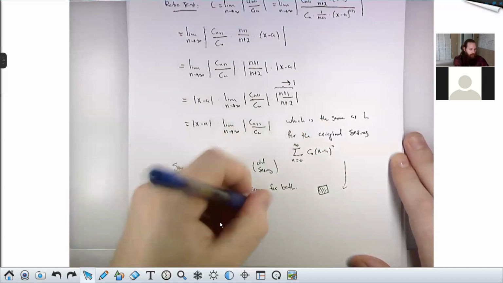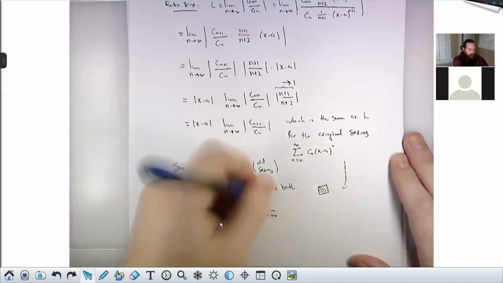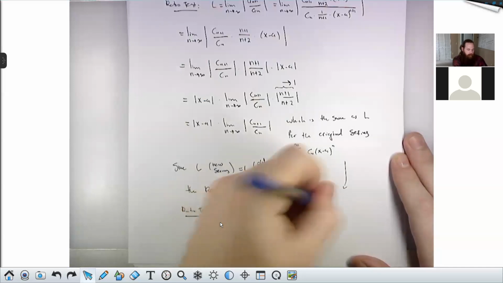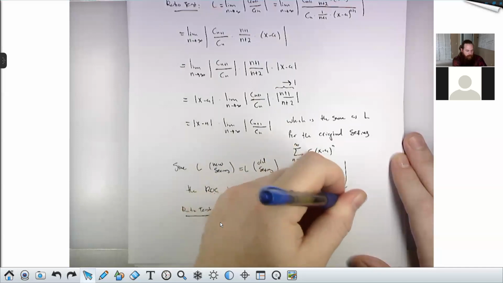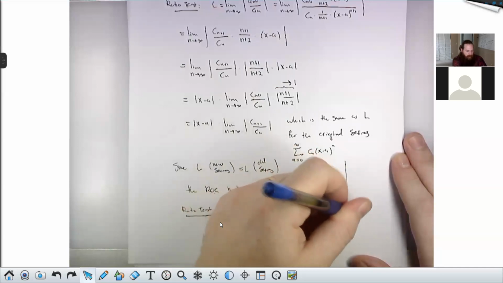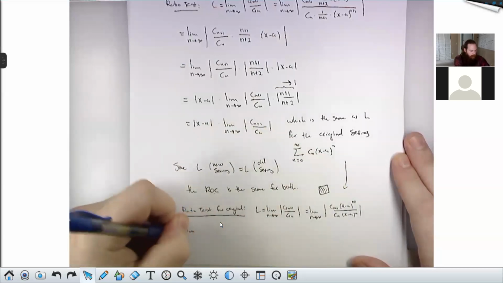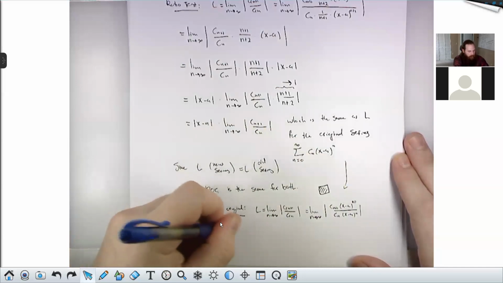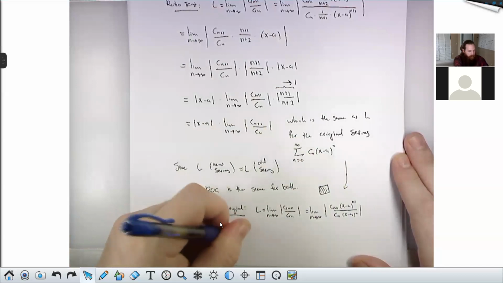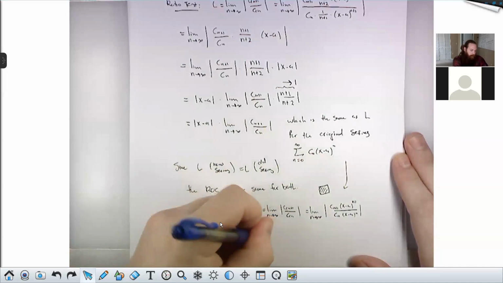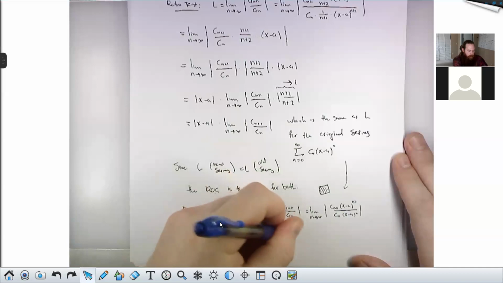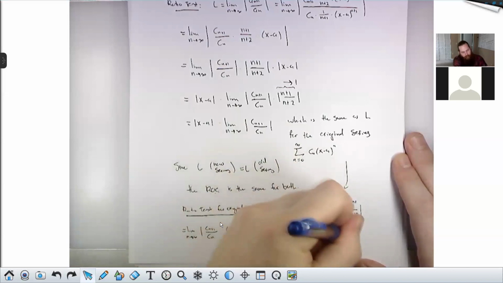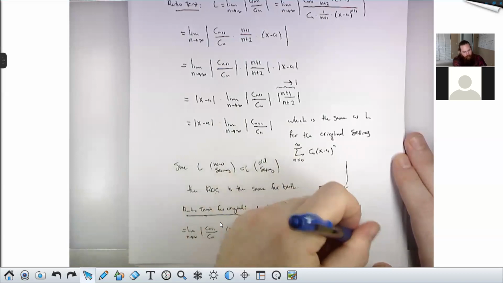If I run the ratio test for the original, that's L equals the limit as n goes to infinity of a_(n+1) over a_n, which is the limit of c_(n+1)(x-a)^(n+1) over c_n(x-a)^n, which is the limit of the absolute value of c_(n+1) over c_n times (x-a)^(n+1) over (x-a)^n, which is the limit of the absolute value of c_(n+1) over c_n times the absolute value of x-a, which is |x-a| times the limit of c_(n+1) over c_n.